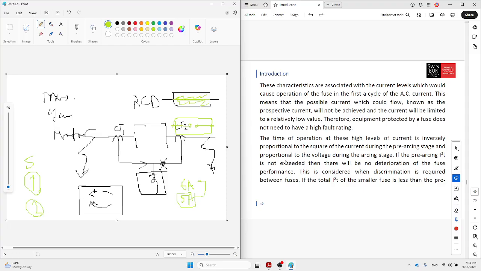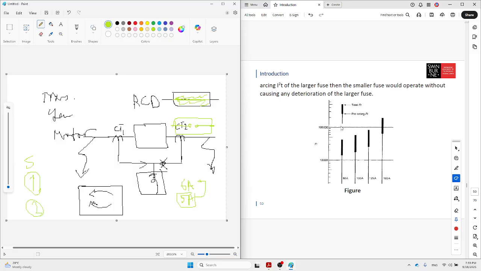Number two, for fuse coordination and fuse picking, is I²t. What's the meaning of I²t? I is the total current which is going to melt this material, and I²t is called the energy needed to melt the whole material.